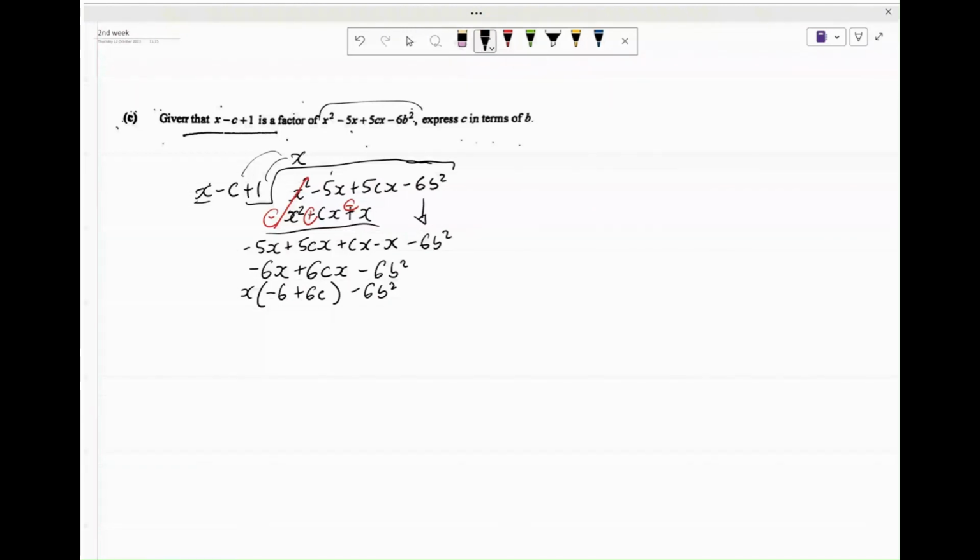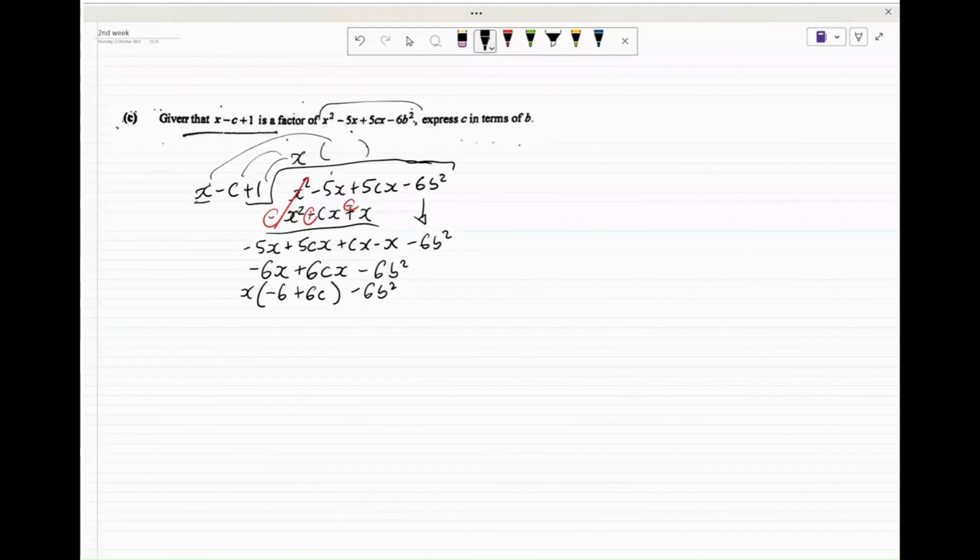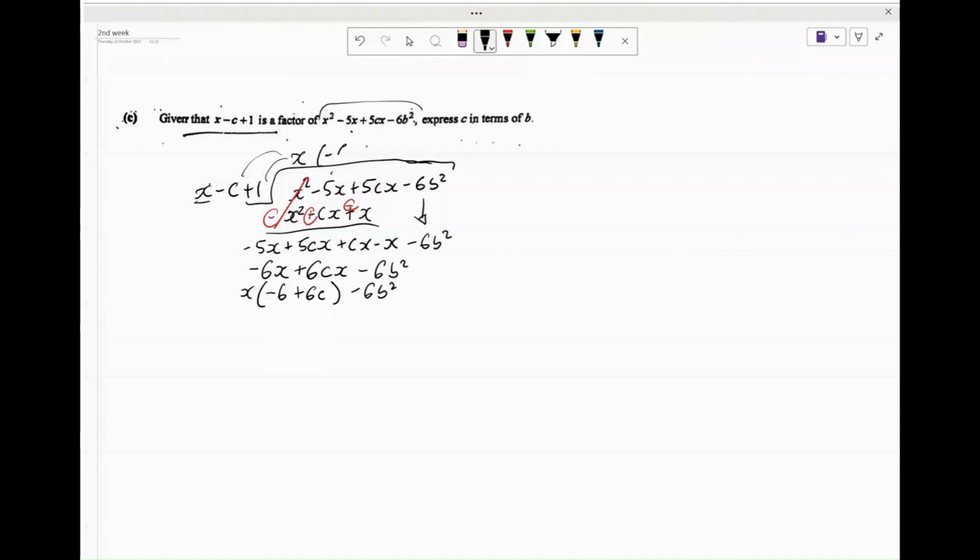So x divided into x times minus 6 plus c plus 6c will actually just give us what x is multiplied by. Because when we write it up here, it'll multiply by x, and that's just the same x times whatever we have up there. So we can just write what's in the bracket, minus 6 plus 6c, and then multiply back.